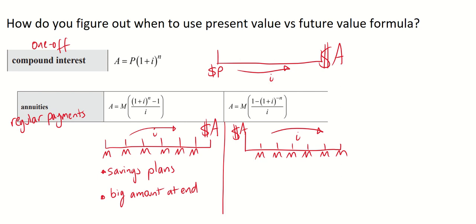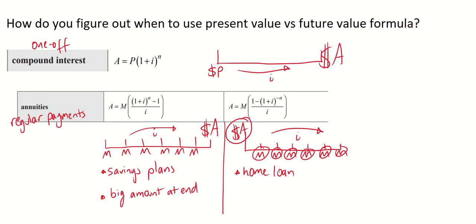This one's interesting in that it can be used in two main scenarios. So the first scenario is a home loan. So what the bank does is it gives you a big amount of money at the start for your house and then expects these little monthly payments for 25 to 30 years. So it's the first common scenario that you'll see.